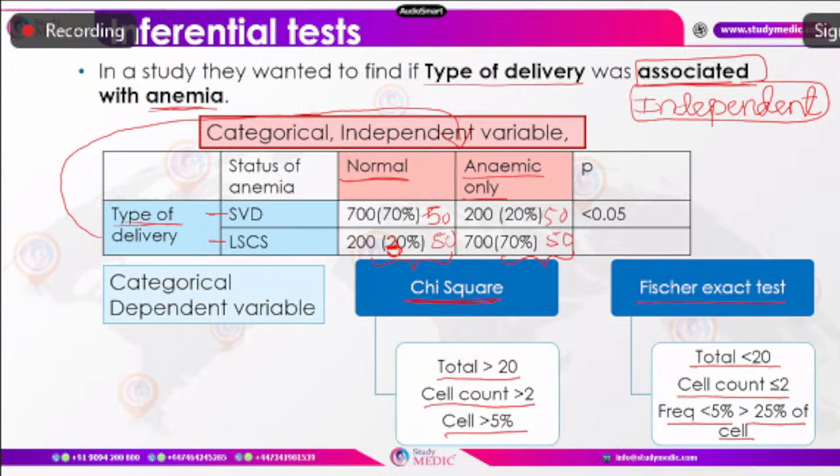In all these three conditions, the alternative to chi-square test is the Fisher's exact test. So chi-square test is done to find out the association or relationship between one categorical variable and the other, or to check if one categorical variable is independent of the other. And the alternative is the Fisher's exact test, when the sample size is low or the cell count is low.